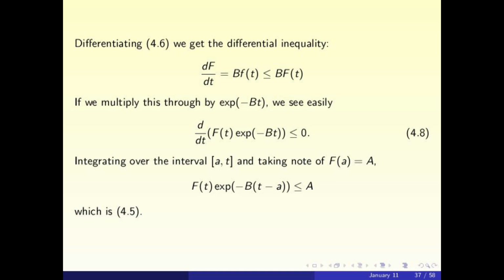Integrate this over the interval a to t, and remember that F of little a equals capital A. And then incorporate that into your integral. You get f of t into exponential of minus B into (t minus little a) less than or equal to A, which is what we wanted to prove.